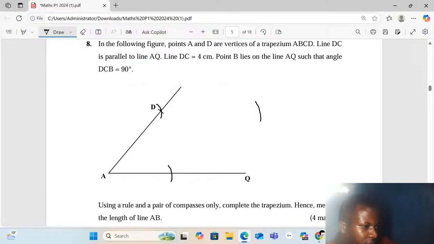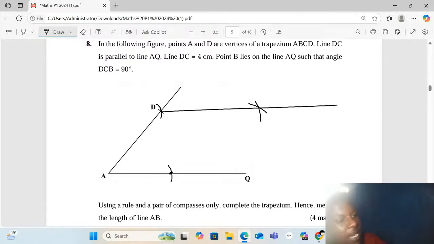Then, standing at this marked point along AQ, make an arc there. Join this arc at D with the other one, and we are going to have a parallel line to AQ. Now with this, we can locate point C, which is only 4 centimeters from D.